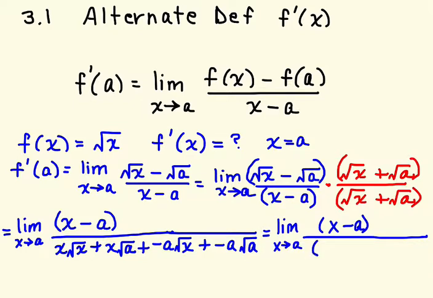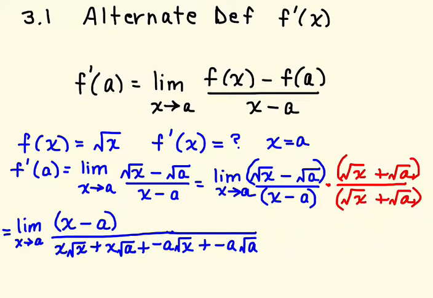This should resolve as x minus a times, oh, you know what? I jumped ahead. I'm sorry, I made a mistake here. I did not need to, I overworked it. Let me just fix this here.